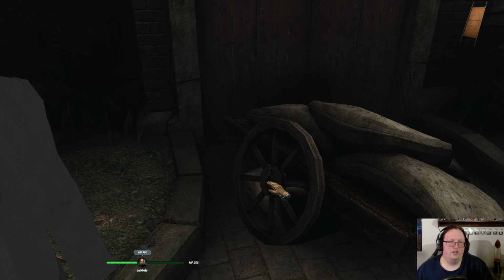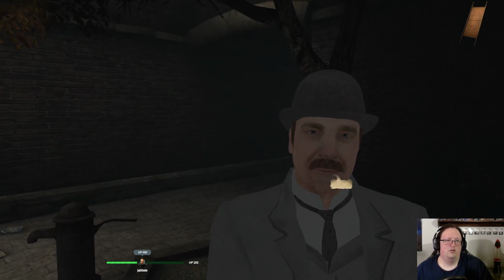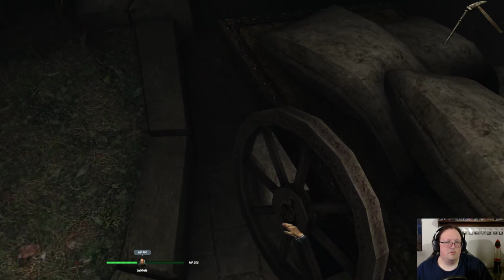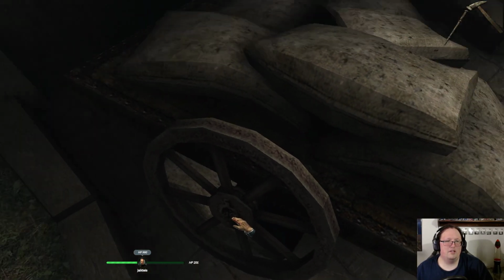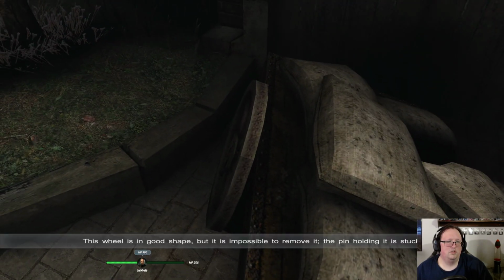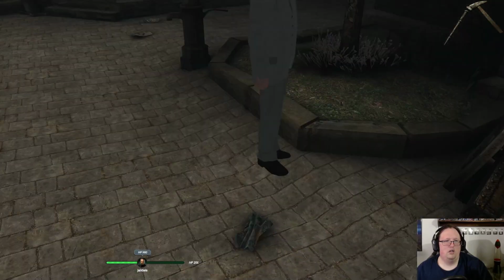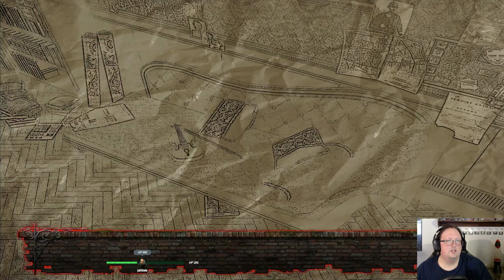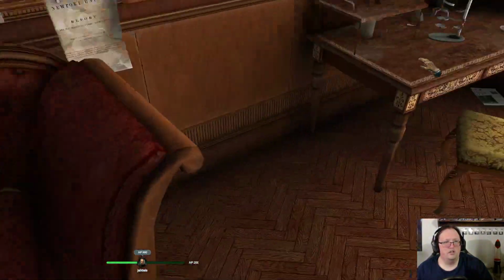Watson, I think we have to redo all of this, because I wasn't supposed to combine this. I was supposed to use the stick by itself. Get the bloody wheel. Oh, fine. Yes, load back to where we started.